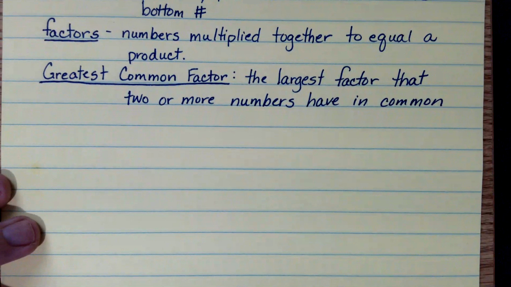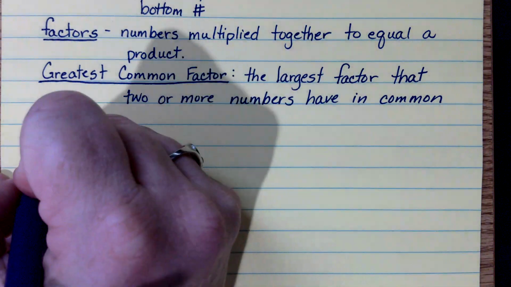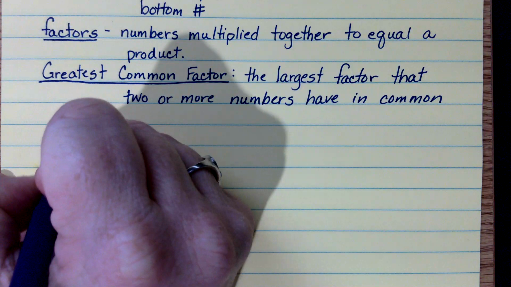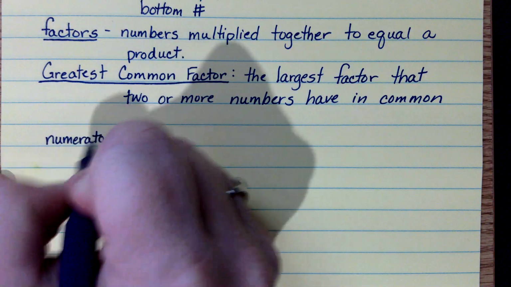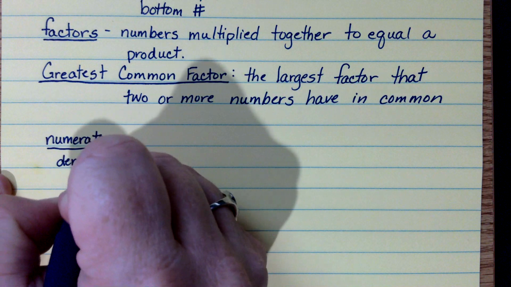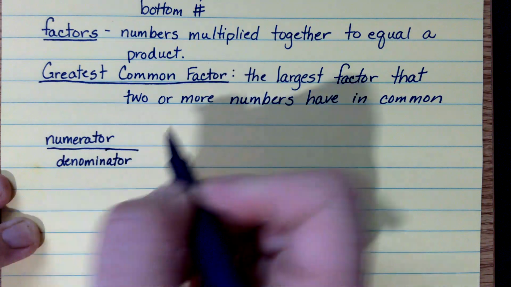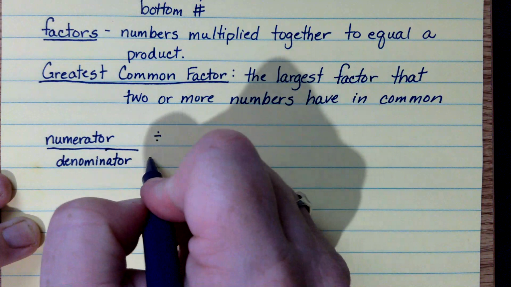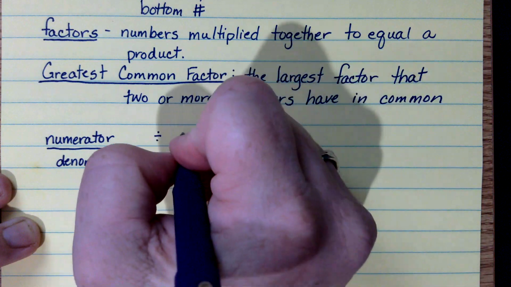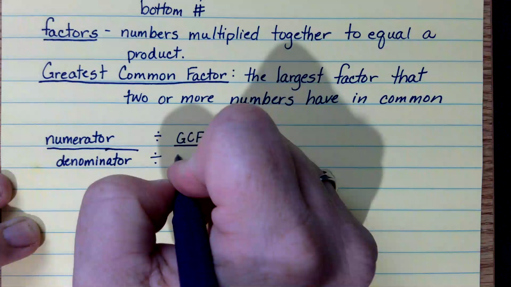So when we look at simplifying fractions, we're going to be trying to find the greatest common factor of the numerator and the denominator. To simplify, we have to divide both numbers by the greatest common factor.